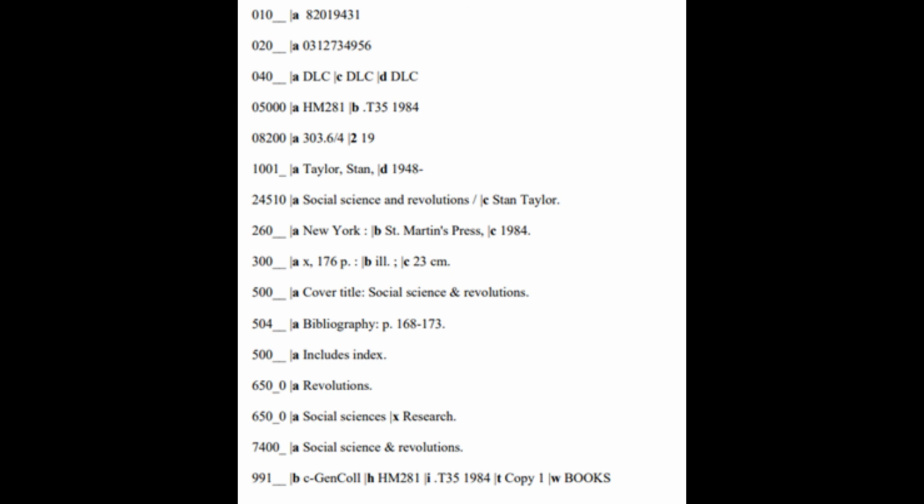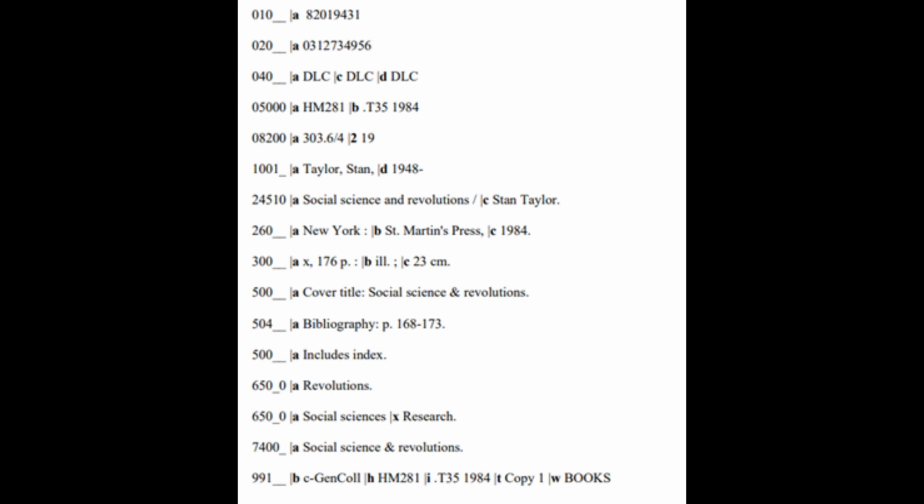Tag 050, that is the Library of Congress subject call number. That is the whole call number, the complete set of their call number. Then 082, that is the class number, 303.64. And the 19 there in subfield code 2 is the edition of the DDC, or the Dewey Decimal Classification they are using.